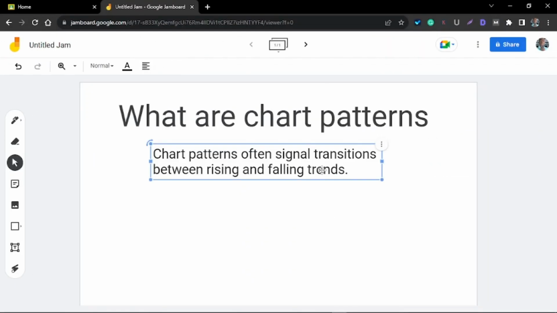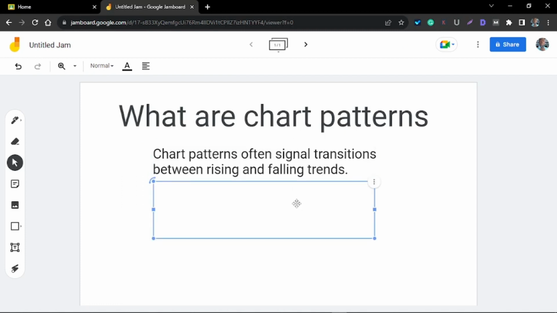Before going straight into today's video, first let's understand what exactly a chart pattern is. From my own description, chart patterns are signals that show if the market is continuing an uptrend or is simply changing direction. In an easy, understandable way, chart patterns often signal transition between rising and falling trends.